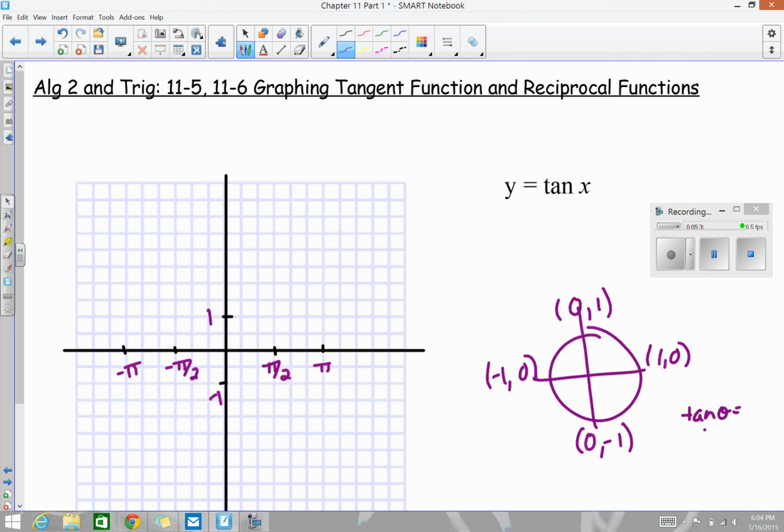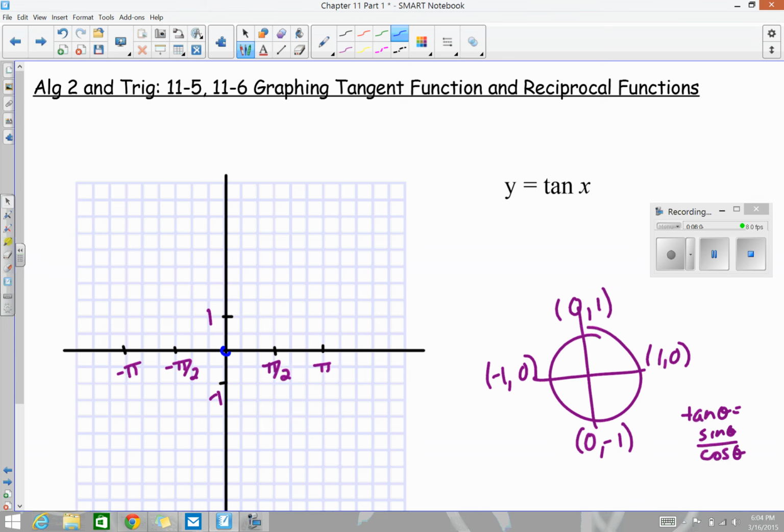So at 0, it's 0 over 1, which is 0. At 90, it's 1 over 0, which is undefined. 0 over negative 1, 0. Negative 1 over 0, undefined. So every 90 degrees, it's either 0 or undefined.